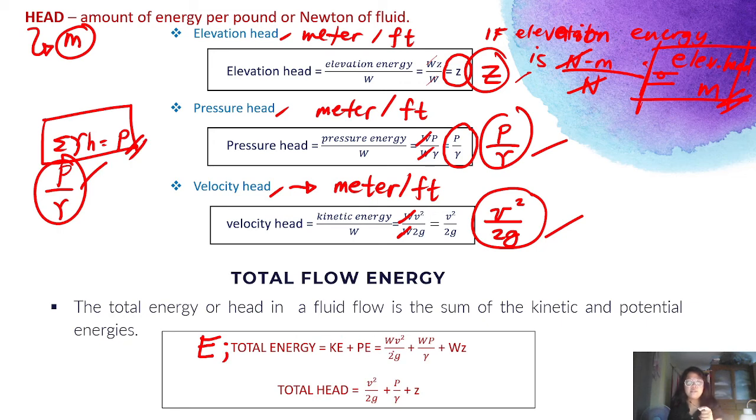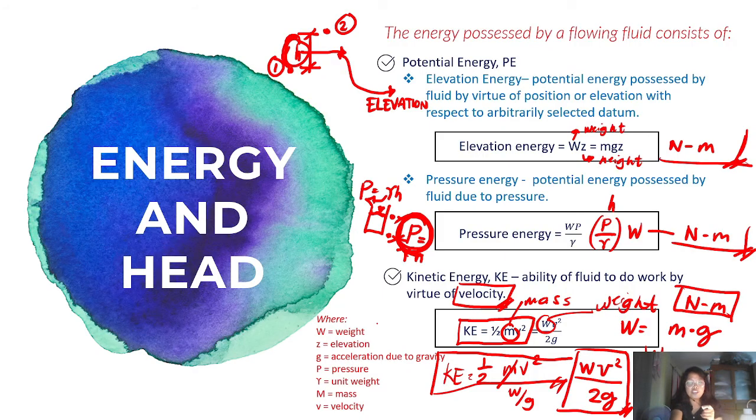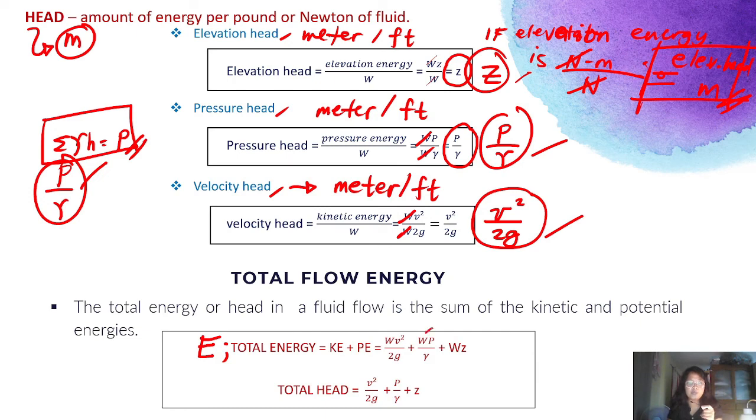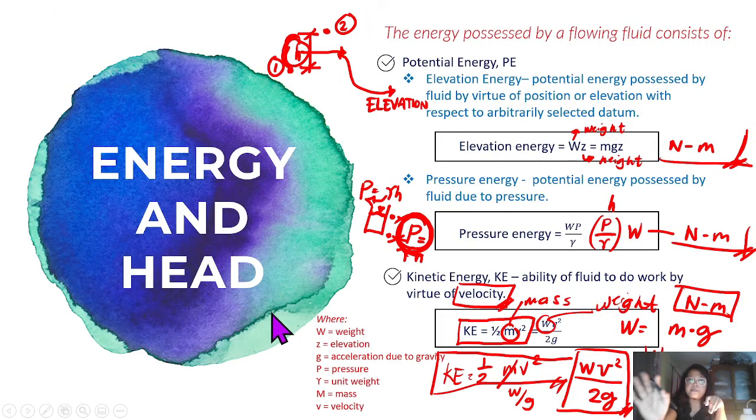That is equal to WV squared over 2G, which is your kinetic energy, plus WP over gamma, which is your pressure energy, plus WZ, which is your elevation energy. So, this is summation of energy. Summation lang yan ng tatlo dito sa kabilang slide, ha? EE plus PE plus KE.